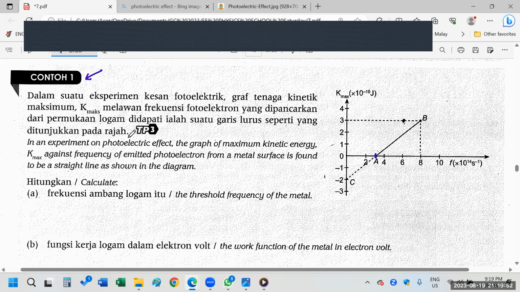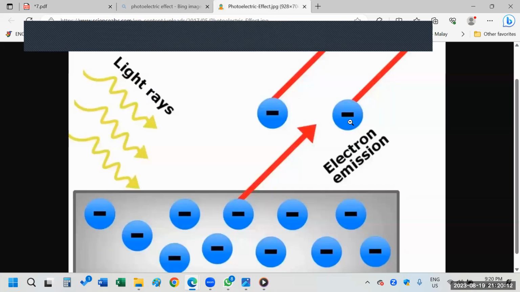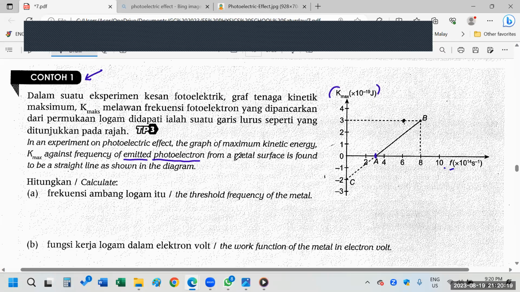In an experiment on photoelectric effect, the graph of maximum kinetic energy Kmax against the frequency of the emitted photoelectrons from a metal surface is found to be a straight line as shown in the diagram.